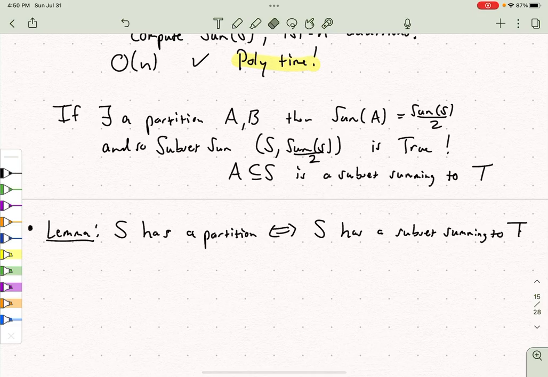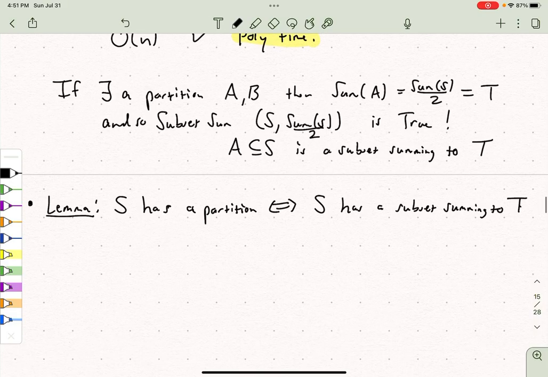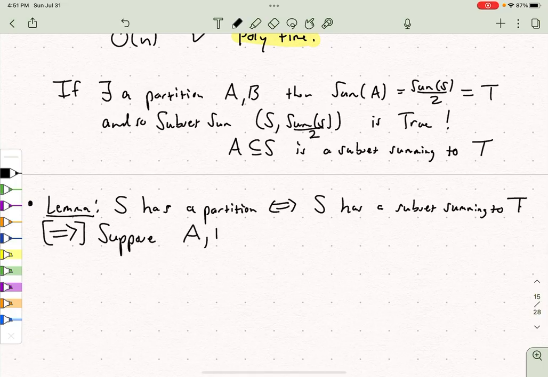So let me just move that over here. So for the first direction, we basically just proved it. So let's suppose we have a partition. So it's two sets contained in S, where A union B equals S, and A intersect B is empty.